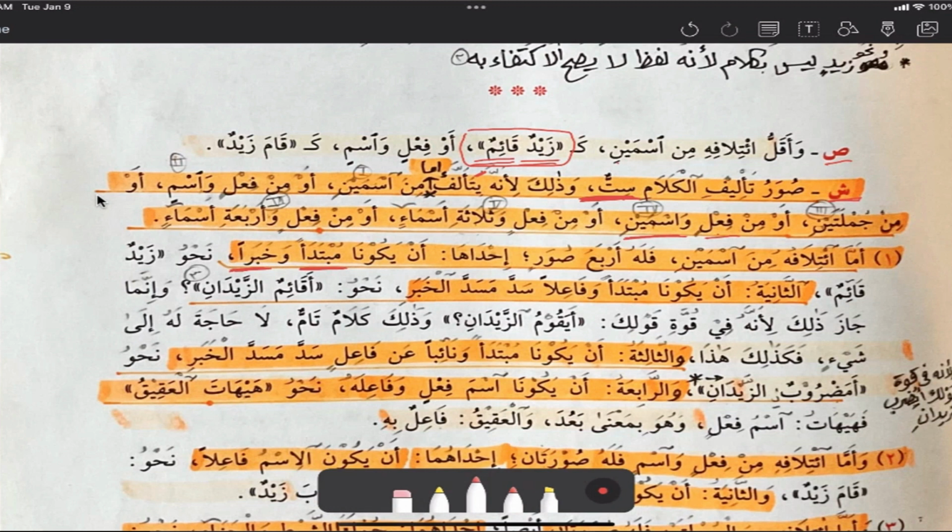Now this mas'ala here, you don't have to focus here. And I'm going to, though, try to clarify it for you very well. Because this case, one might say that's an advanced case. But it's not really an advanced case.